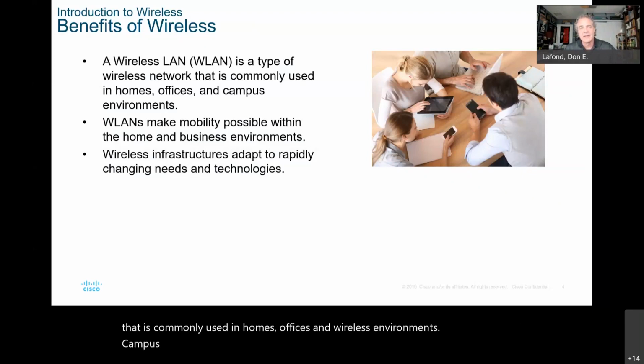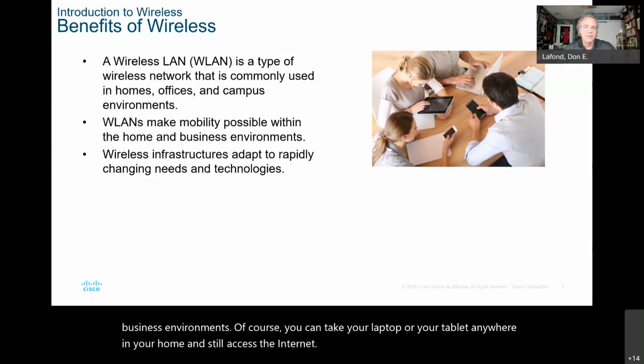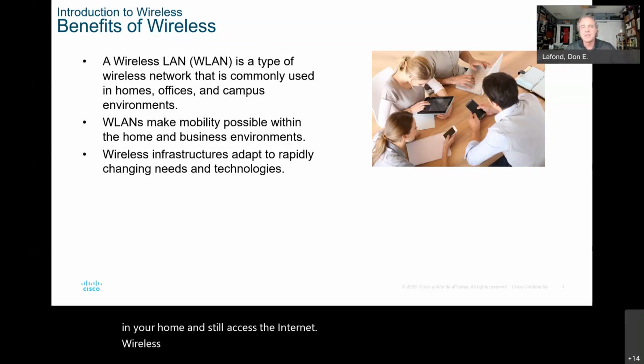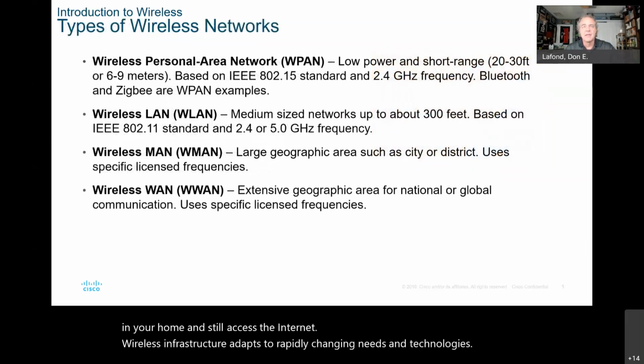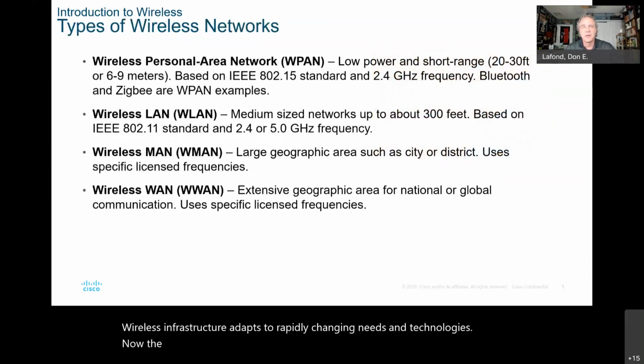Wireless LANs make mobility possible within the home or business environments. Of course, you can take your laptop or your tablet anywhere in your home and still access the internet. Wireless infrastructure adapts to rapidly changing needs and technologies. Now, there are four different wireless networks that they just briefly touch on here.